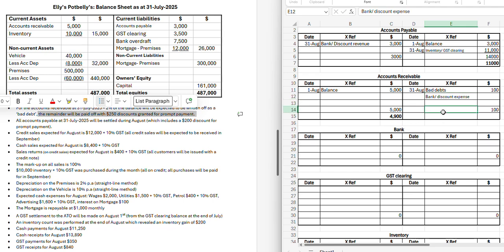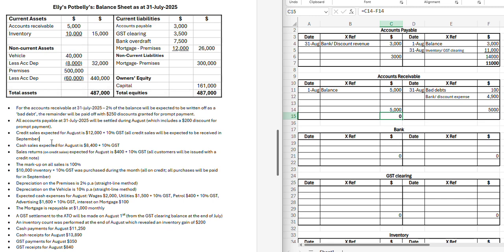Now, in terms of the amount, 4,900 is the amount that is owed, 5,000 minus the bad debt. So therefore, we record this as 4,900. Now we've zeroed off our balance because our customers have fully settled.